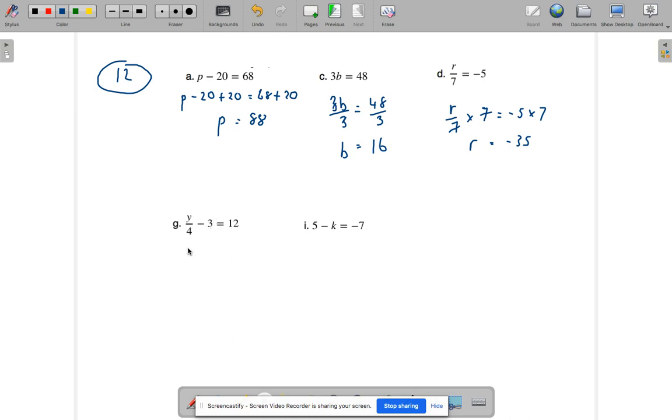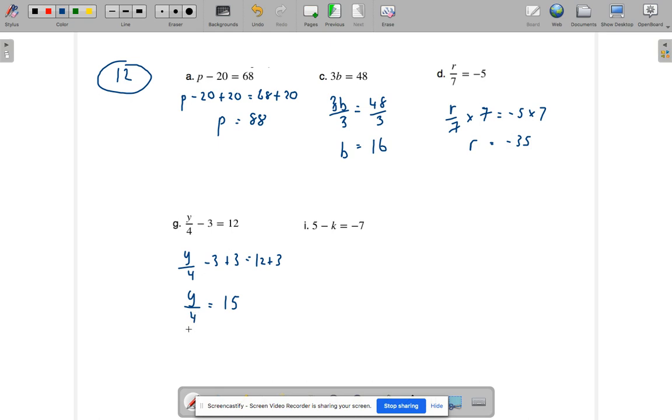So first up here, I'm going to get rid of the 3 by adding 3 to both sides. Minus 3 plus 3 is 0. So I end up with y over 4 equals 12 plus 3, which is 15.